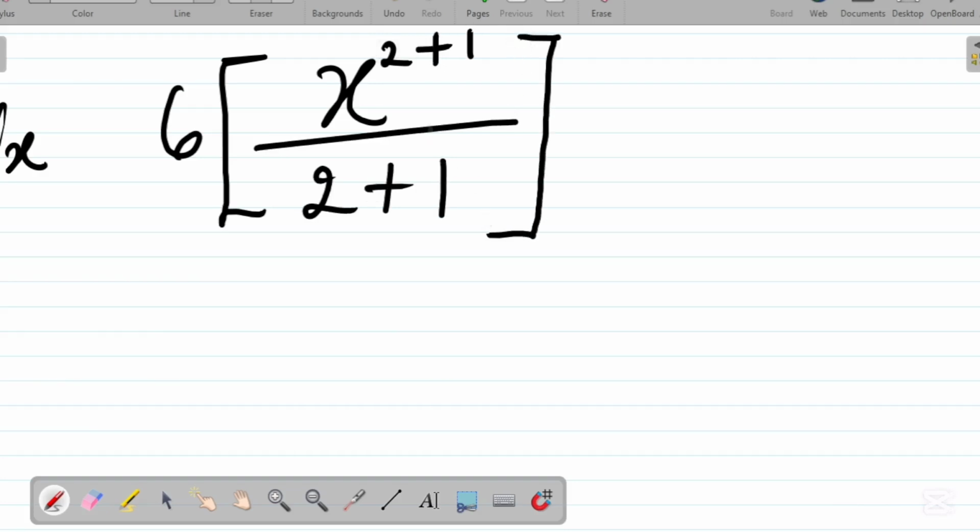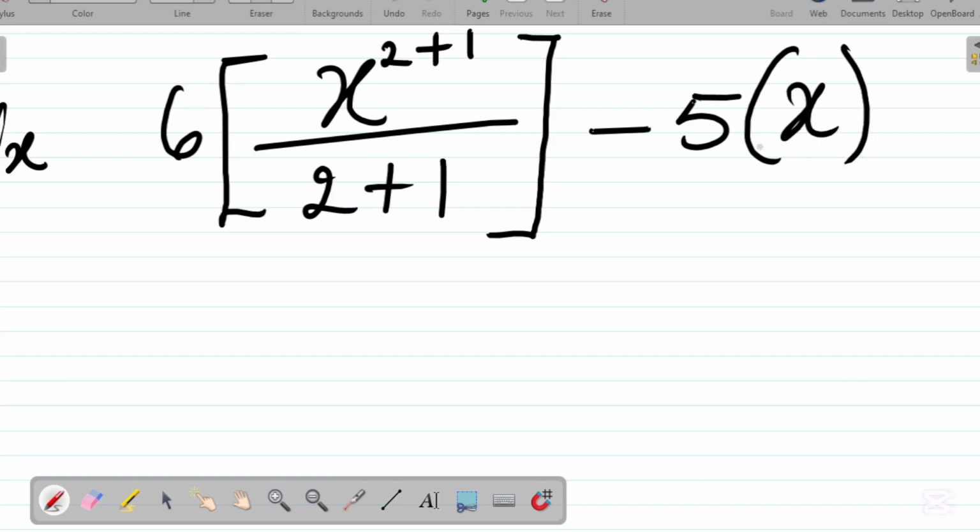Remember, you add 1 to the power and then you divide by the power plus 1, minus 5 multiplied by x.